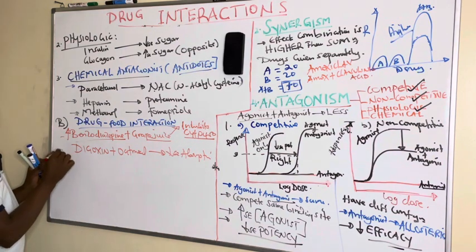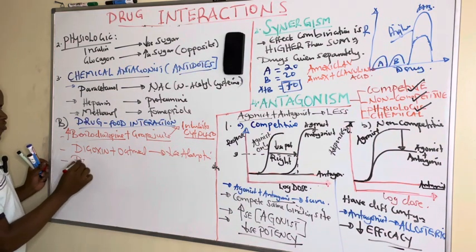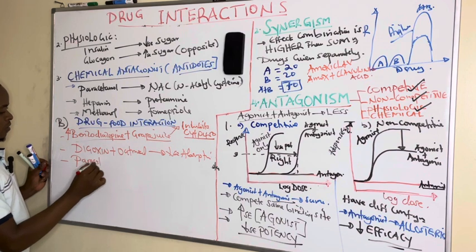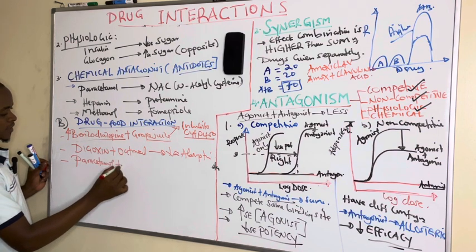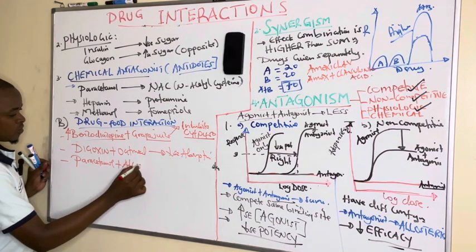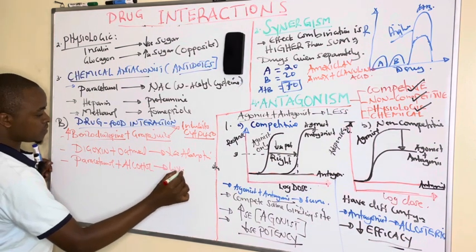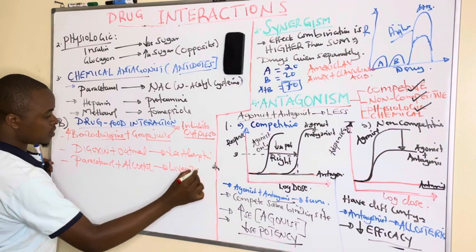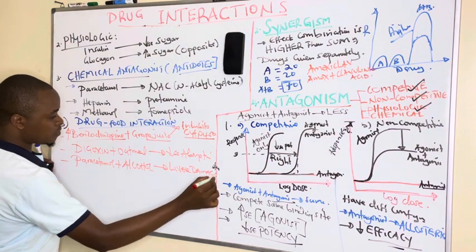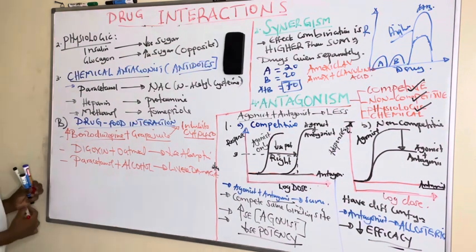Then another combination is when you are on paracetamol and at the same time you are taking alcohol. This combination leads to liver toxicity, liver damage, or what you can call drug-induced hepatitis.